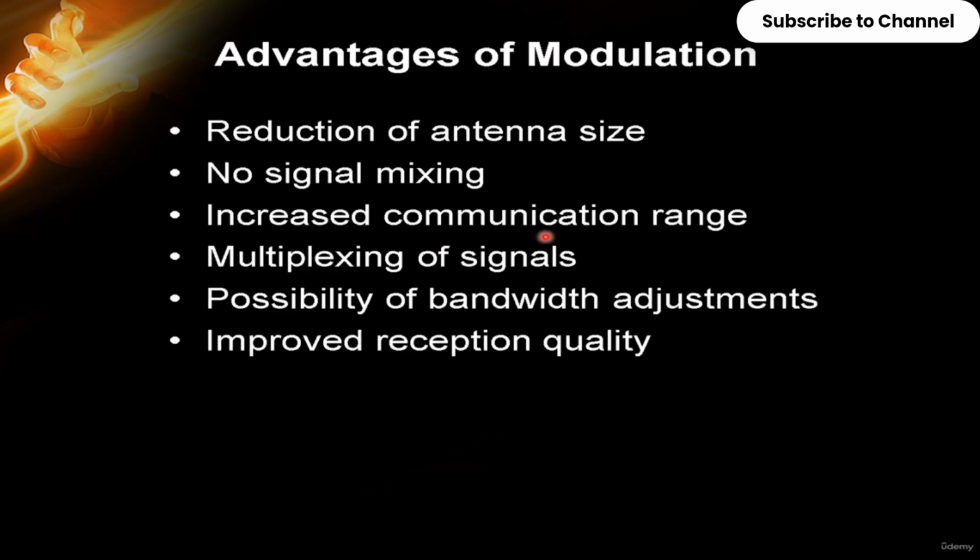Then it increases the communication range, so it is applicable for longer distance communications, and multiplexing of signals. With multiplexing, at a particular time, various users can communicate over the signal, and bandwidth adjustments are also given according to the application the user is using, and it improves the reception quality.